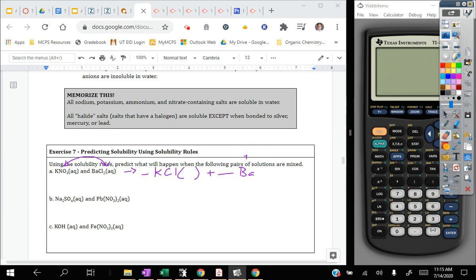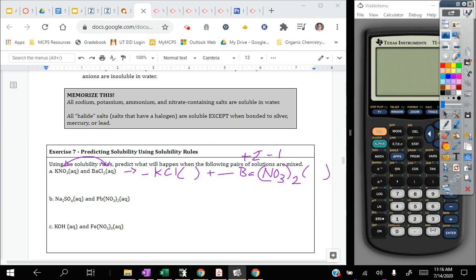And I have nitrate, which is a -1 charge. To balance this, I need 2 nitrates to balance out my +2 charge for barium. And then same deal, parentheses, and then we can figure out, based off of our solubility rules, what the phase designations are. I do need to balance this equation.